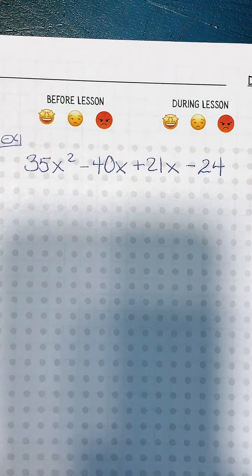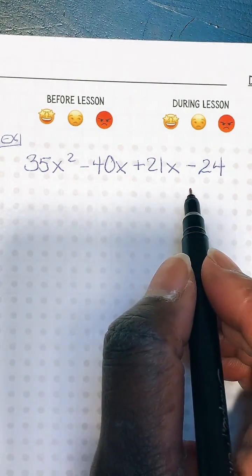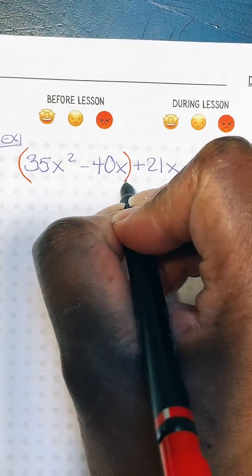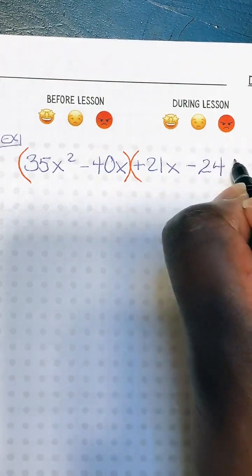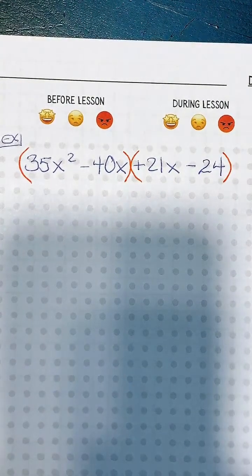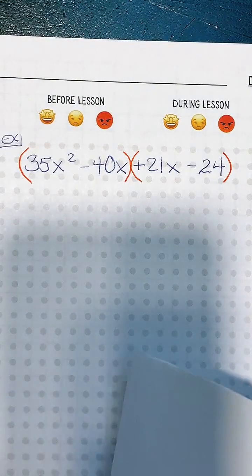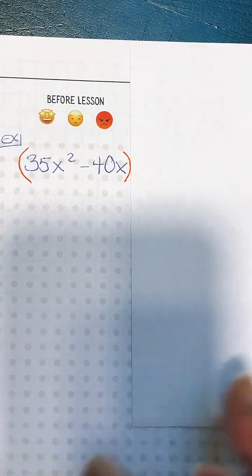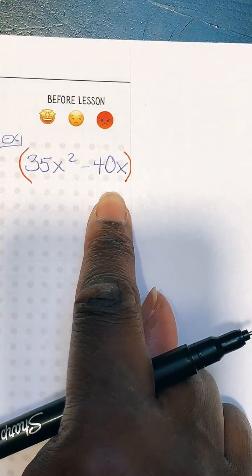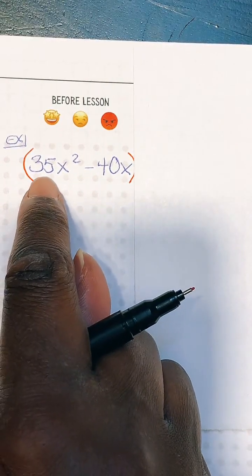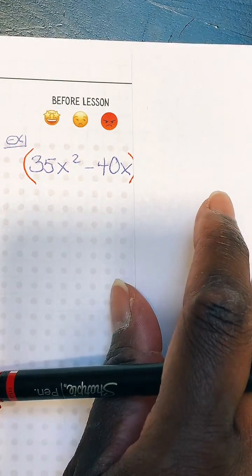Okay. So let me walk you through. Since we're doing grouping, we're going to group the first two. Then we're going to group the last two. Hence, that's why it's called grouping. After we group, I like to cover up the last two so I can just focus my attention on the first parentheses. So now I need to find the GCF of this parenthesis.